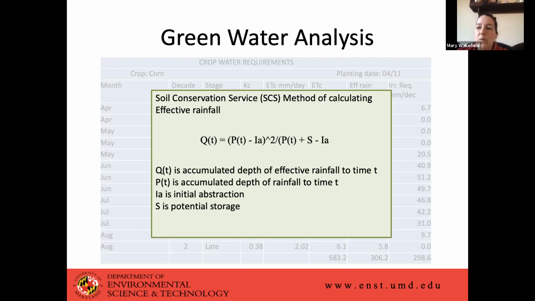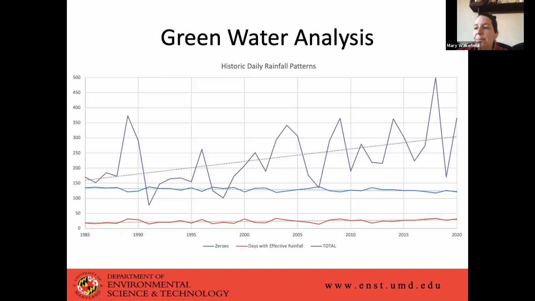And one of the things that we have noticed in Maryland, here you have your historic daily rainfall patterns. The top one is your total rainfall across several years, specifically in growing seasons. You can see that we're getting an overall increase in the amount of rainfall year over year. It's a pretty steady increase with some cyclical highs and lows.